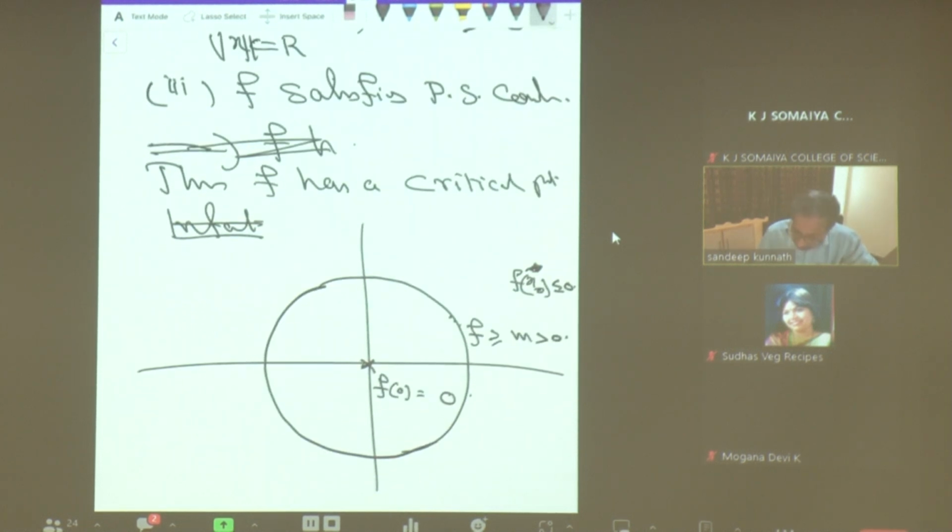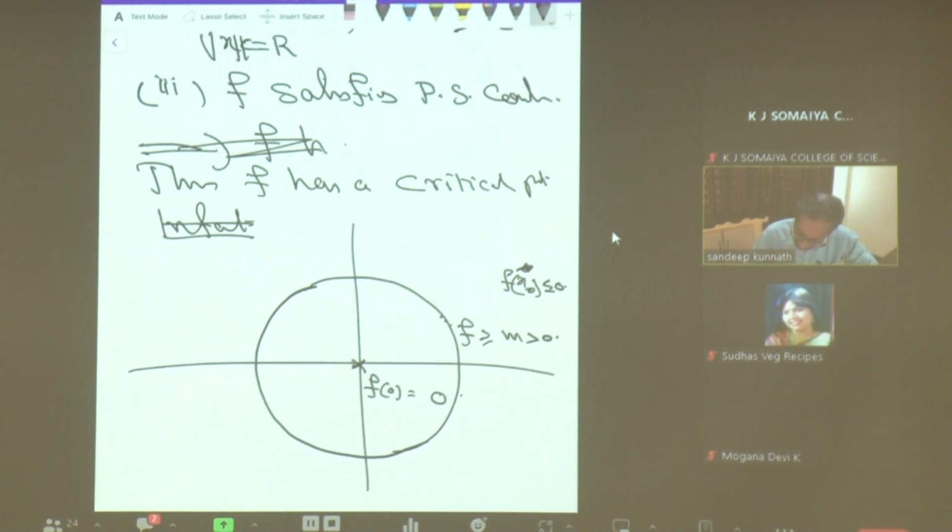And then there is the Palais-Smale condition, which tells you that if for a sequence f(xn) is bounded and f'(xn) goes to 0, then that sequence will have a convergent subsequence. It's kind of a compactness condition. I don't have time to go into this. Then what you have to do is take some curve joining this point to this point.